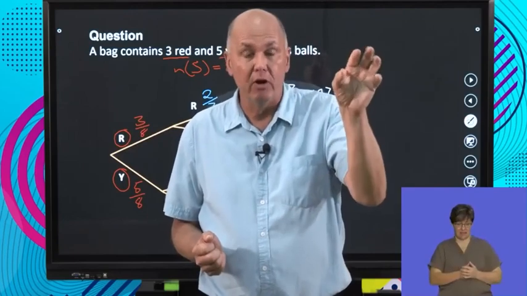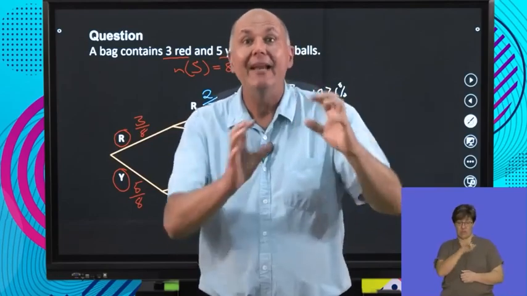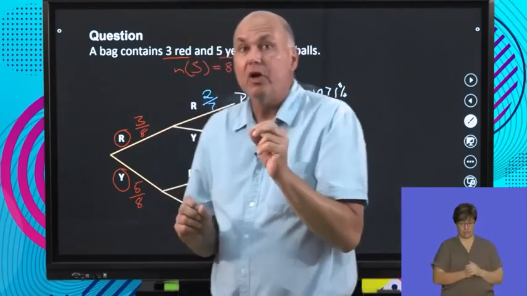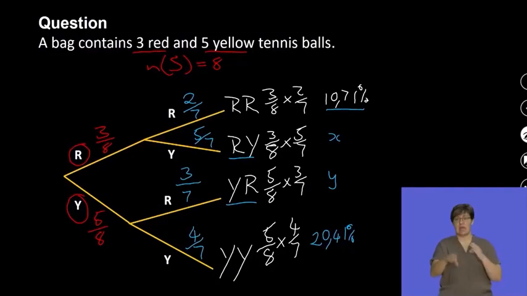Remember that when we're asking for when there are different things, we're saying it's this combination, red-yellow or yellow-red, and it's an OR. So we are going to use the addition rule there. But in this case, we're going to use the addition rule for the ones that are the same. So let's do that first. And I'm just going to find some space. 20.71 and 10.71 and 20.41. I hope I can remember those as I find myself some more space.